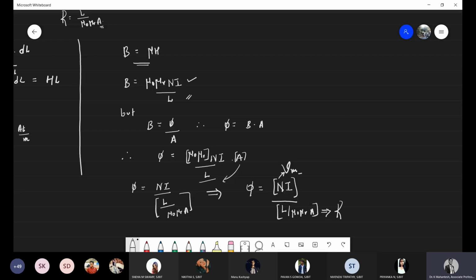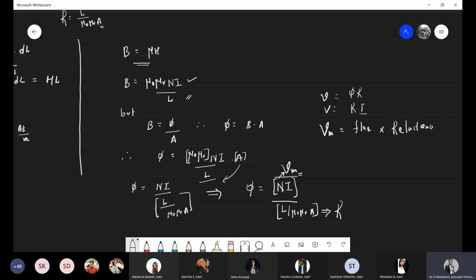Why? Because magnetomotive force Vm is equal to flux into reluctance. It's just like V is equal to Ri. So you could see this equation now.